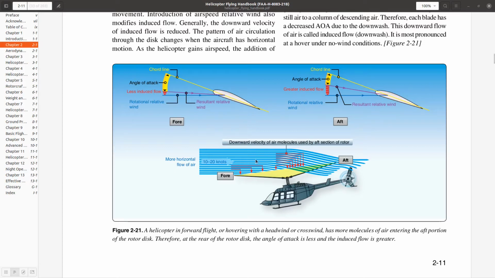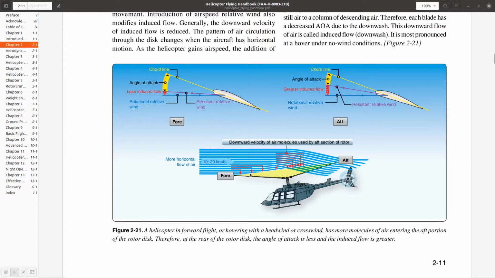What happens if you look at the aft portion of the rotor blade, the induced flow is stronger. And why is that? Well, look at the blades. This is somewhat exaggerated, but this one is at a lower angle to the wind, right? Whereas here, if you just said, I'm going to have the wind go straight, it's just glancing along the top of this guy, and it's going to go through this guy in a downward fashion.